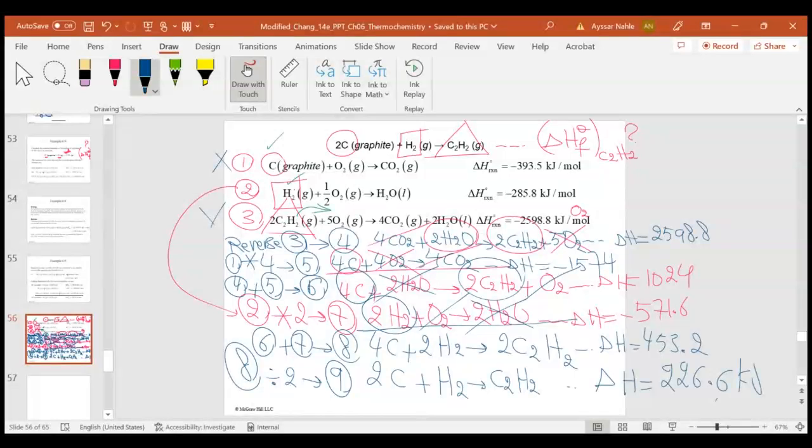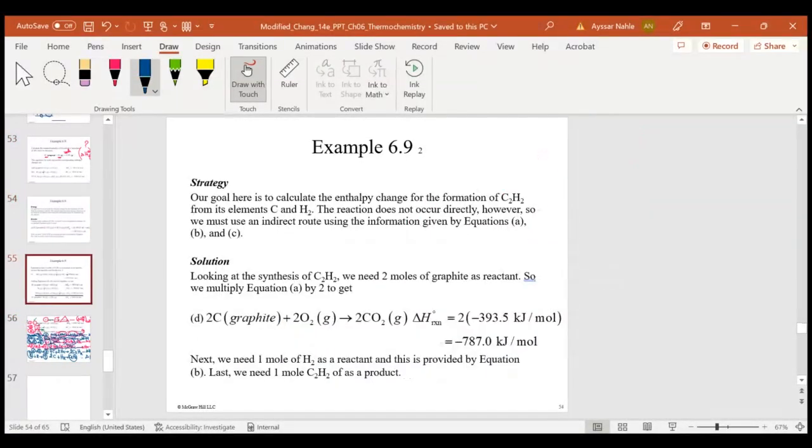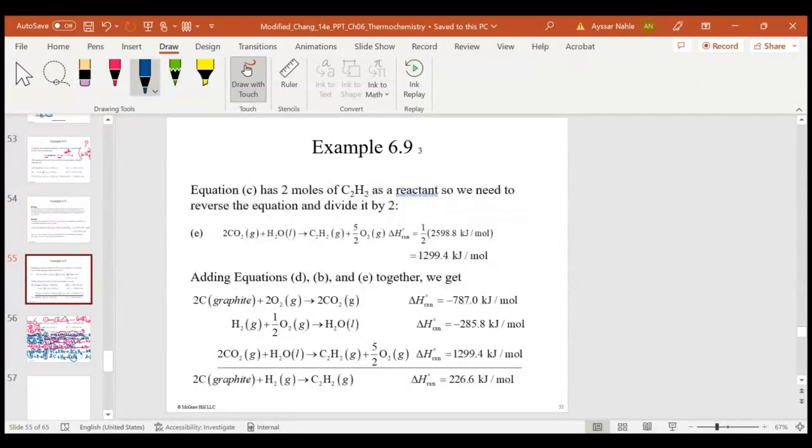Finished. Per mole, of course, because how many moles am I forming? I'm forming only 1 mole, and that's exactly what I'm going to obtain. 226, I hope that we did it correctly. I don't know if it's right. 226 point whatever. Perfect. Yeah?